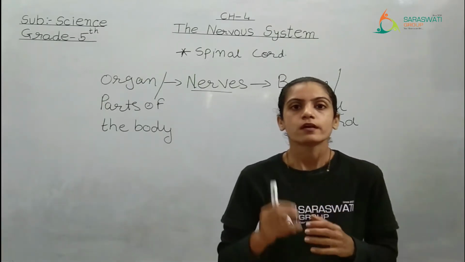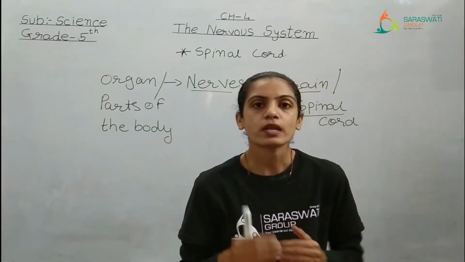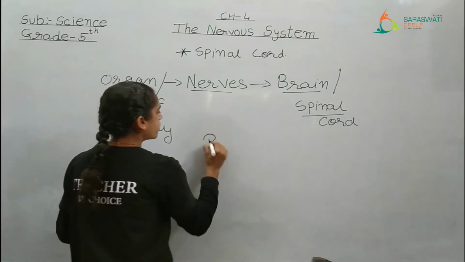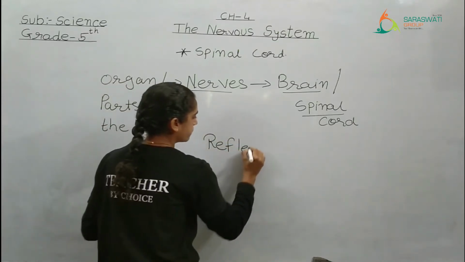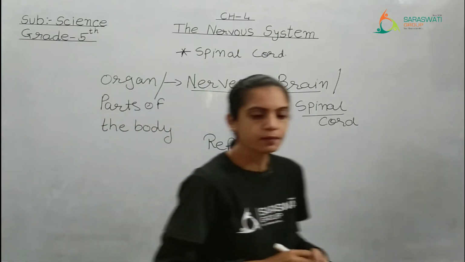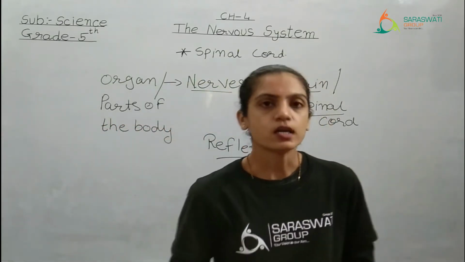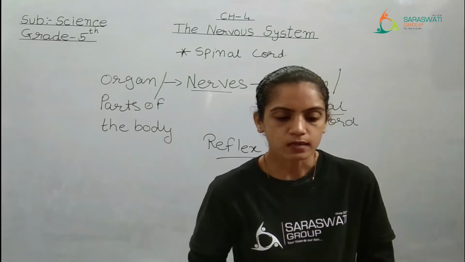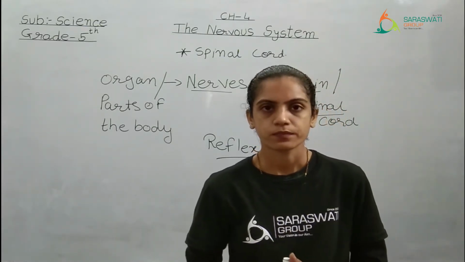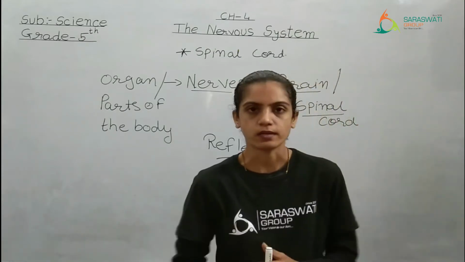So these nerves are also controlling the quick action, which is also known as reflex action. It is known as what? Reflex action. Okay? Now, nerves. We will start with that. Nerves are the messenger of our body. Who is the messenger of our body?